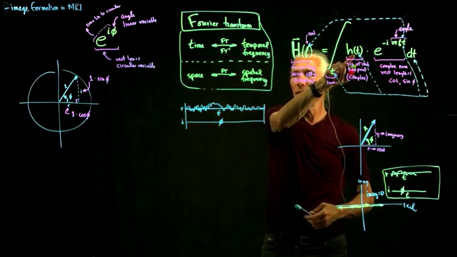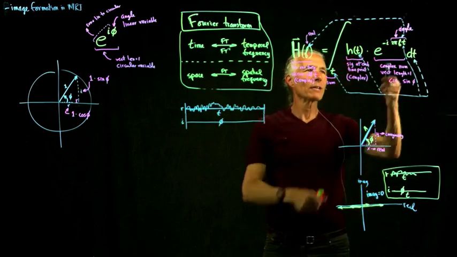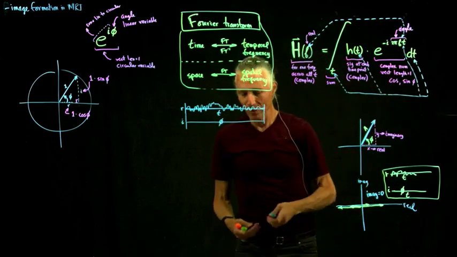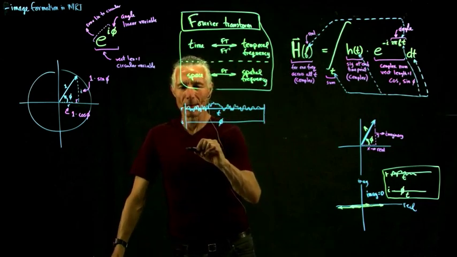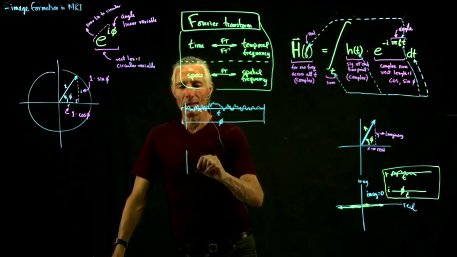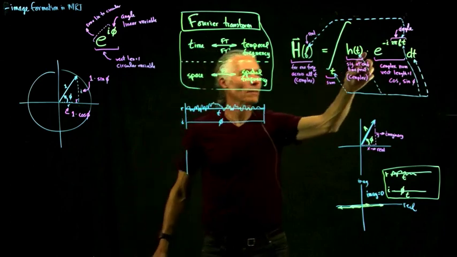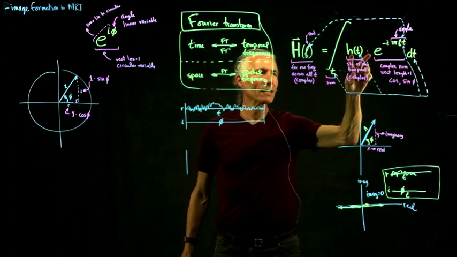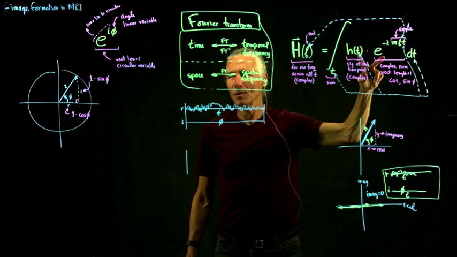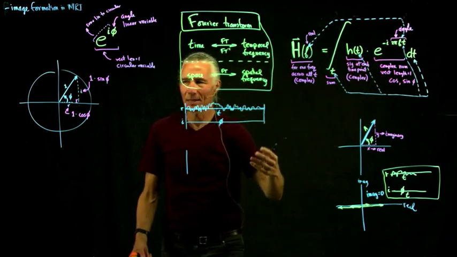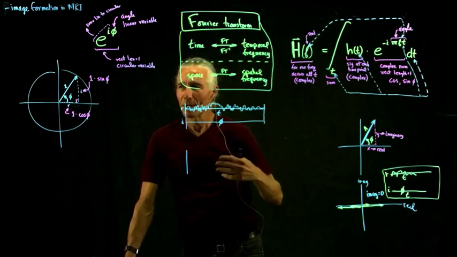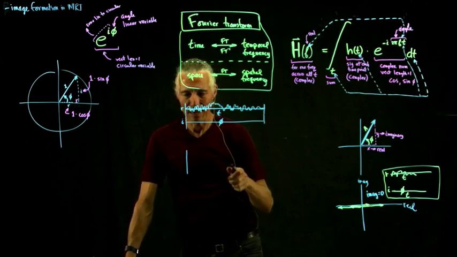That's the h(t). Now let's do a calculation for one frequency. Say frequency 3 is the one I always use because it's easier for me to draw. So what is this? It's just multiplying a whole bunch of these times a whole bunch of these, also known as a correlation. It's basically correlating the signal with a particular frequency, sine and cosine.